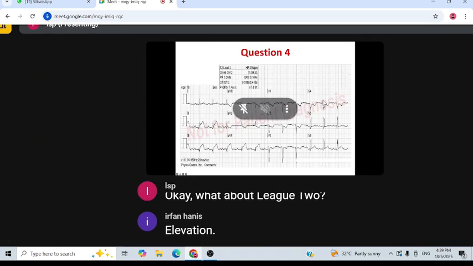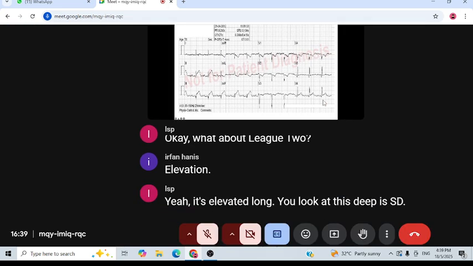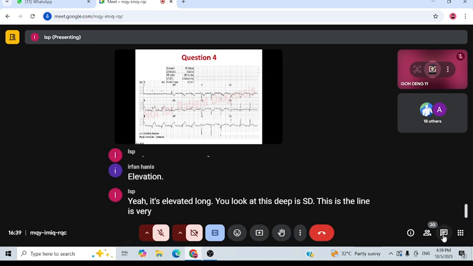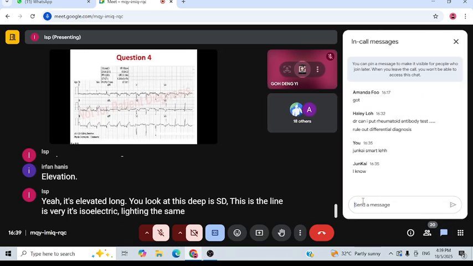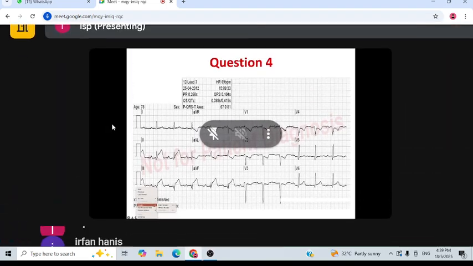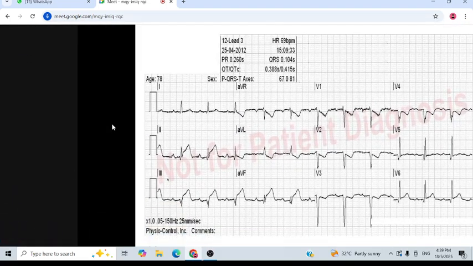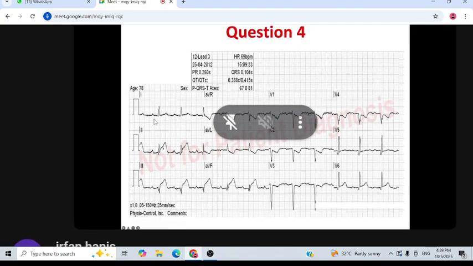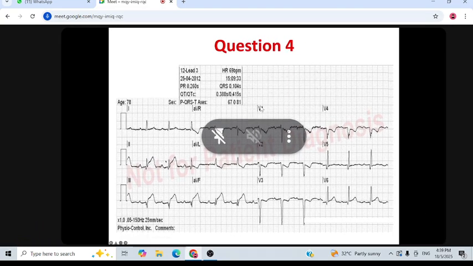Look at this lead: this is the isoelectric line, the same line, so it's normal. But look at this, the isoelectric line is here, and this is your ST segment. So this is ST elevation in lead 2.